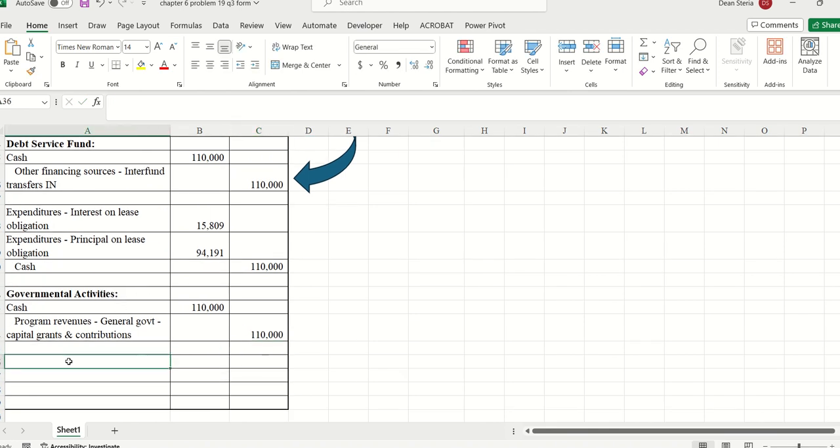Now we have to record the expenses in governmental activities. So we have expenses, interest on leases. We have the lease obligation payable.